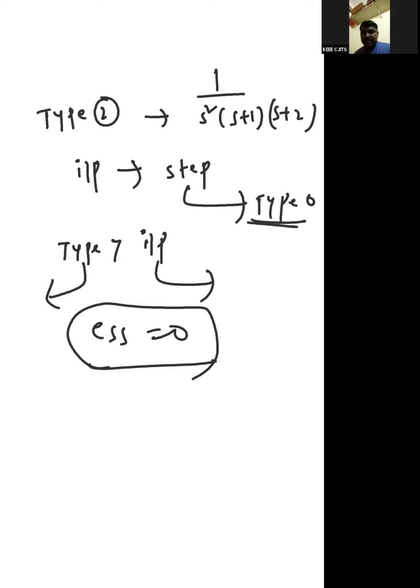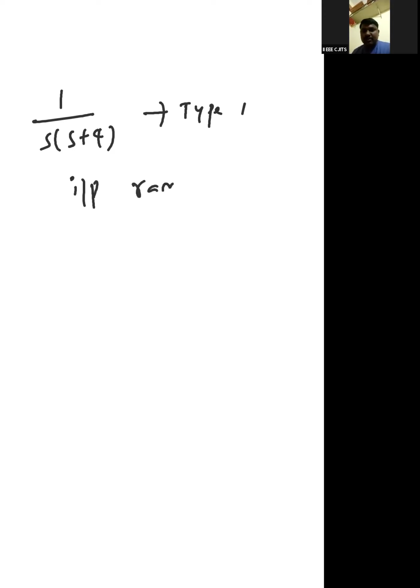Next, for example, the system is 1 by s into s plus 4, so it means type 1. The input is parabolic. We already discussed parabolic.